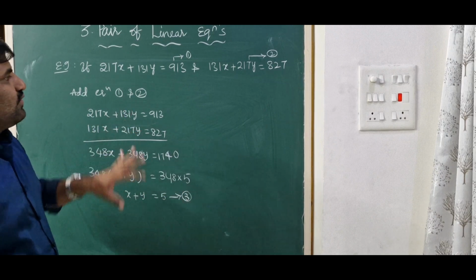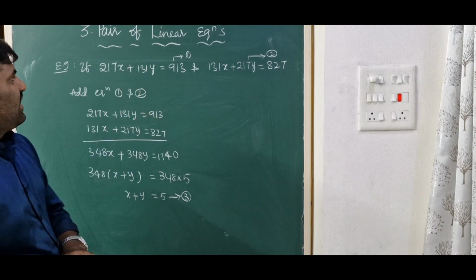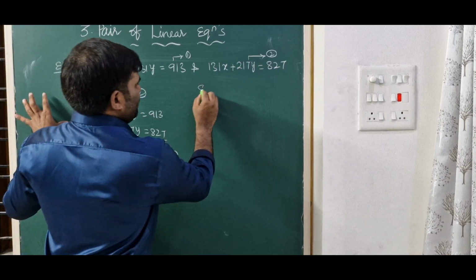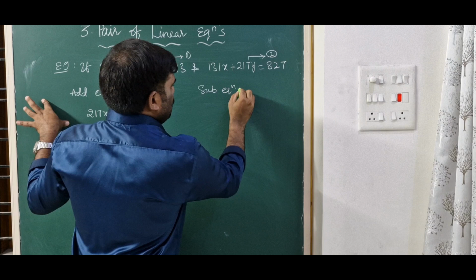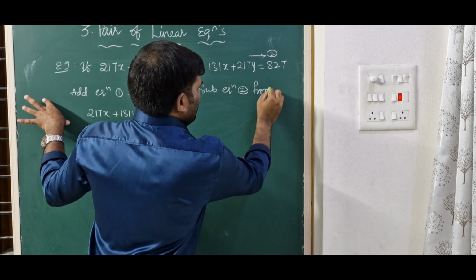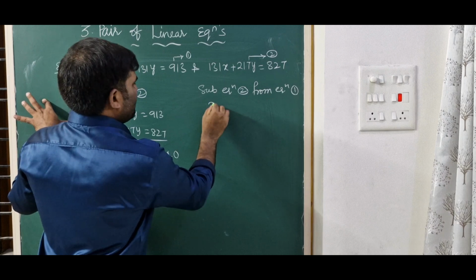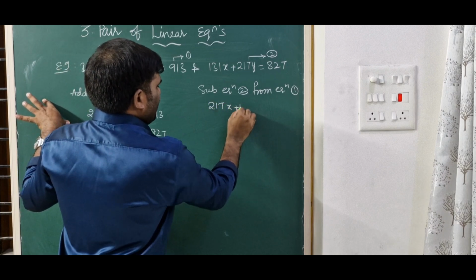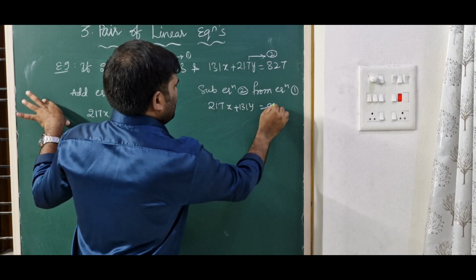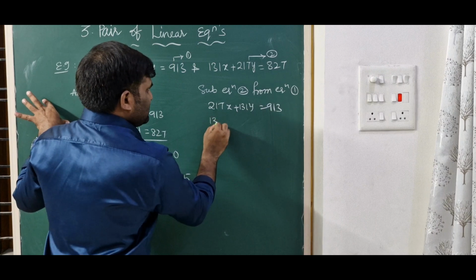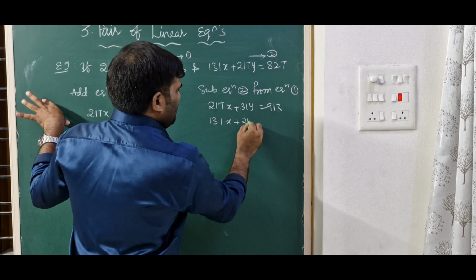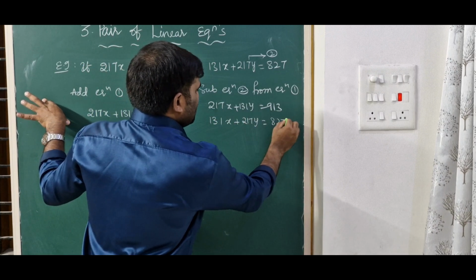In the same way you can subtract one equation from another equation. I am subtracting equation 2 from equation 1. First I am writing equation 1, that is 217x plus 131y is equal to 913, and the second equation is 131x plus 217y is equal to 827.